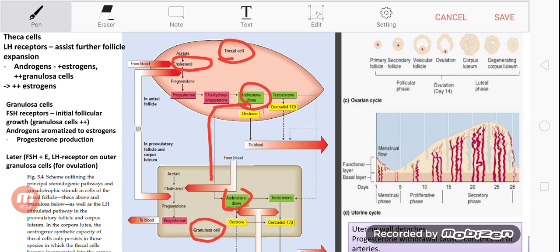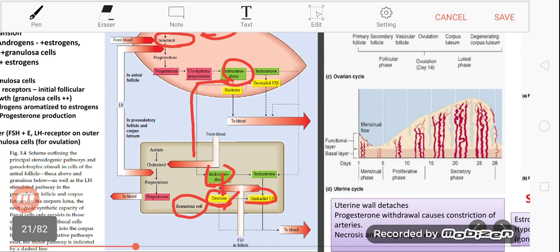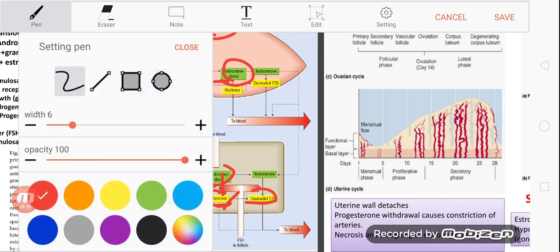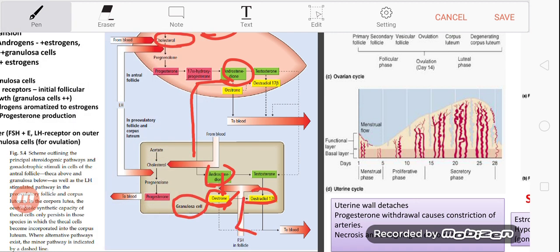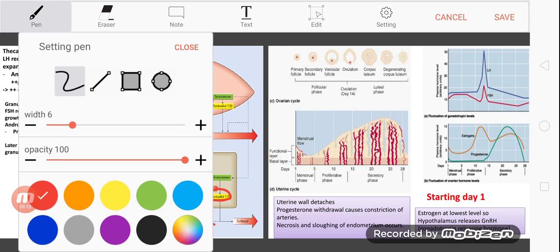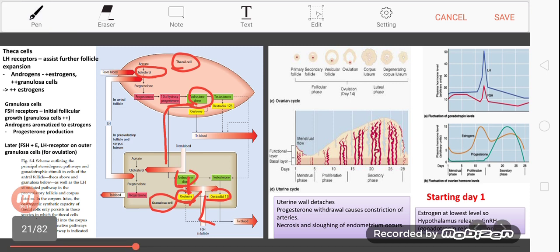They convert the androstenedione into estrogen, whether estrone or estradiol, which are types of estrogen. This estrogen can then be passed to follicle cells and also to the hypothalamus and anterior pituitary to cause their effect. This is the cooperation between theca cells and granulosa cells in estrogen production.